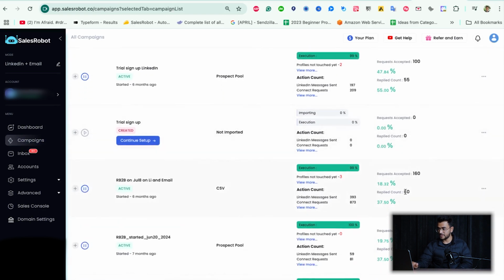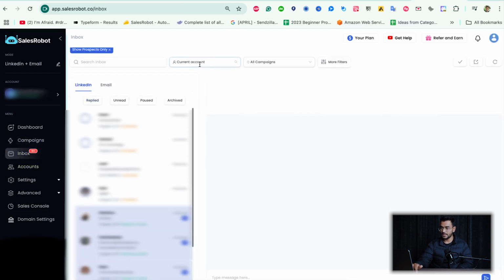So this is an example of that campaign. You see our numbers are pretty high, right? This is like 6 months of data, so on a monthly basis it's obviously a lower number, but in 6 months we've sent 800 connection requests, 18.3% accepted, 37% response rate, and that gives us quite a few replies as well.